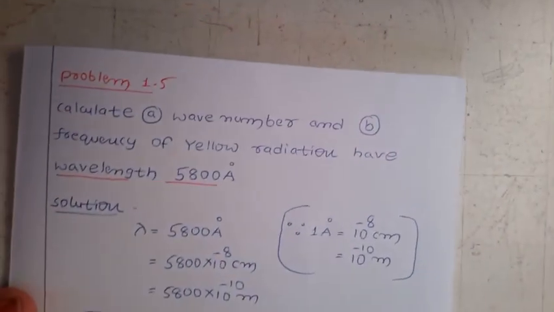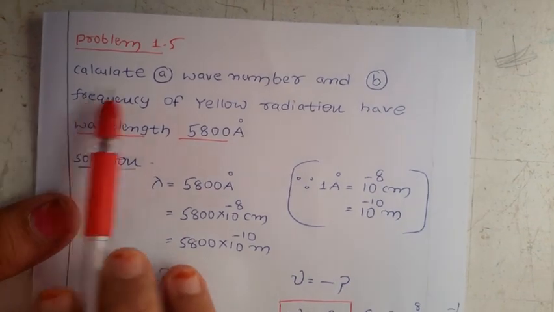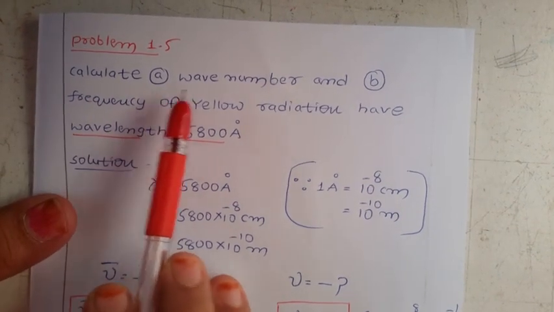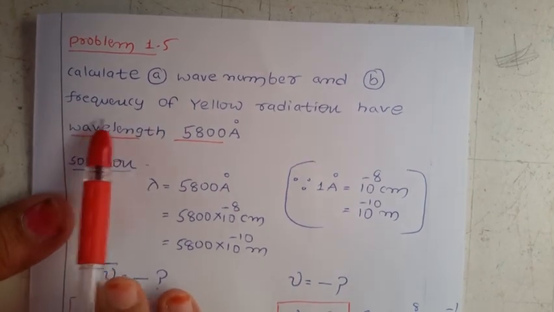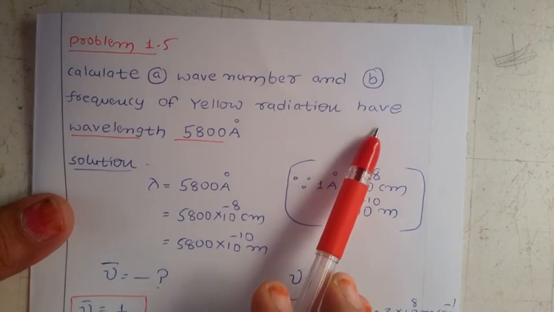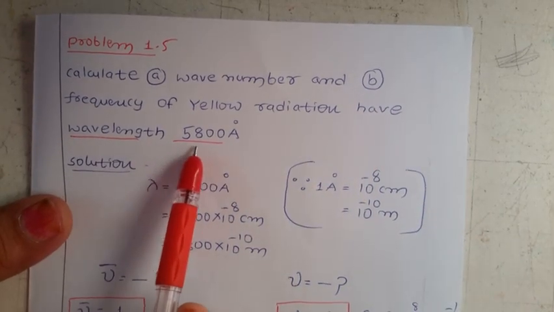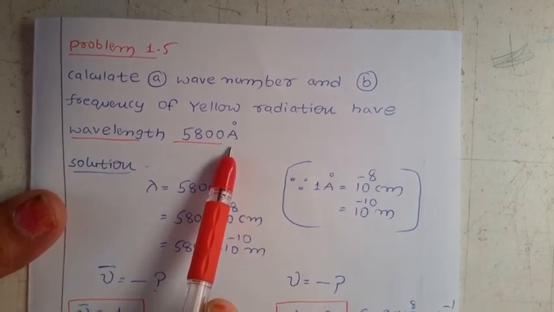Next, come to problem number 1.5. Calculate first A, the wave number, and B, the frequency of yellow radiation having wavelength 5800 angstroms. So what have they given?